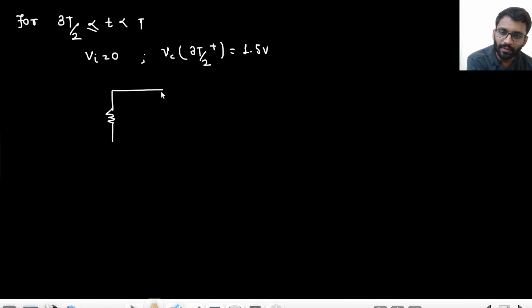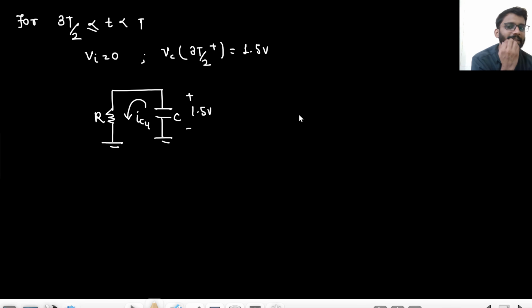It will try to discharge. This is the capacitor, this is the resistance, this is 1.5 volt. Okay, this will discharge. Let's just call this as IC4. So tell me what is the value of IC4 at t equals to 3t by 2 plus. What is the value? That is 1.5 by R.